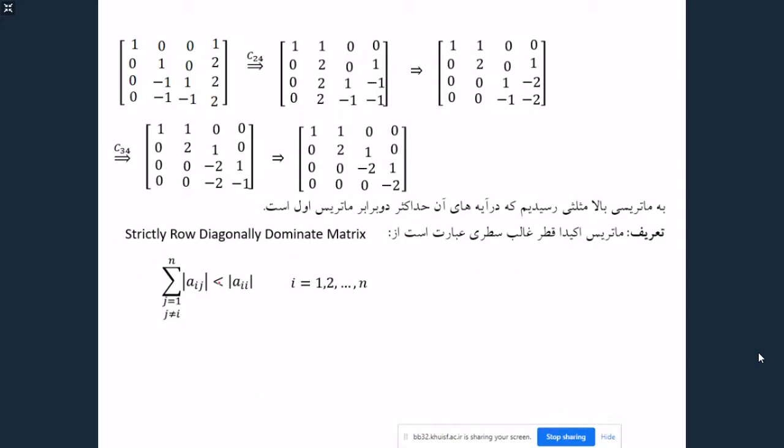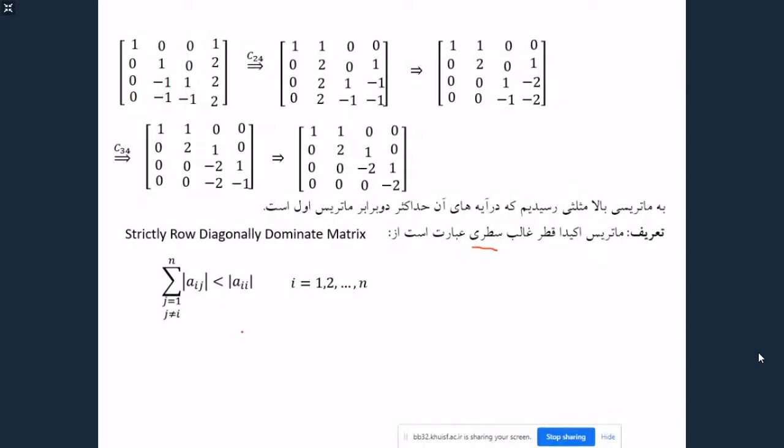I said it in Persian. I don't want to say it in English mode. So you can find that. What does this mean?